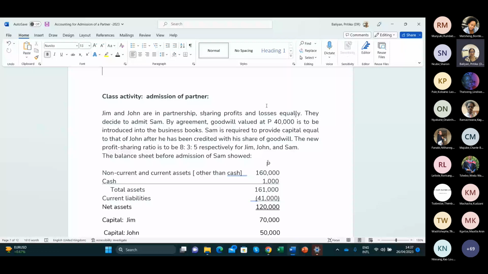If they said the goodwill was valued at 40,000, it means the value of their assets after deducting the liability is maybe 120,000. If they are selling those assets, they can be sold for 160,000. So they make 40,000 goodwill because of the reputation of the business. That's what I was trying to say.